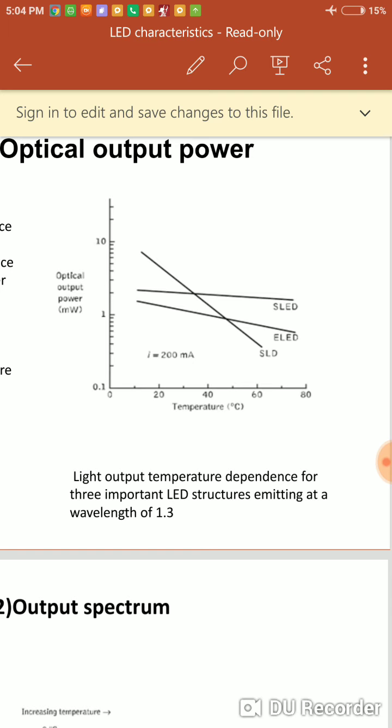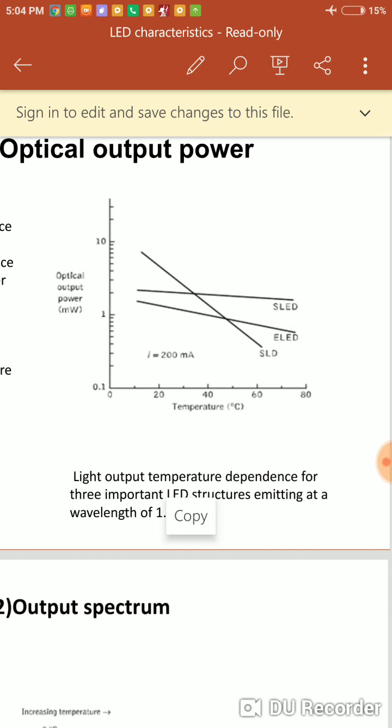If you compare SLED, ELED and SLD, we have to remember specifically that both the superluminescent and the surface emitting LEDs start with the letter S. SLED indicates the surface emitting LED, and SLD stands for the superluminescent LED. Among these three LEDs, the quantum efficiency of the superluminescent LED decreases more as compared with the other two types.